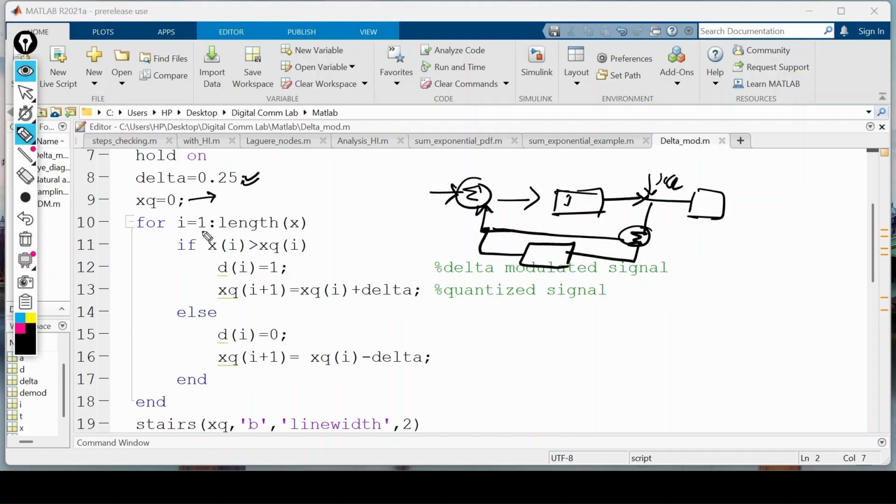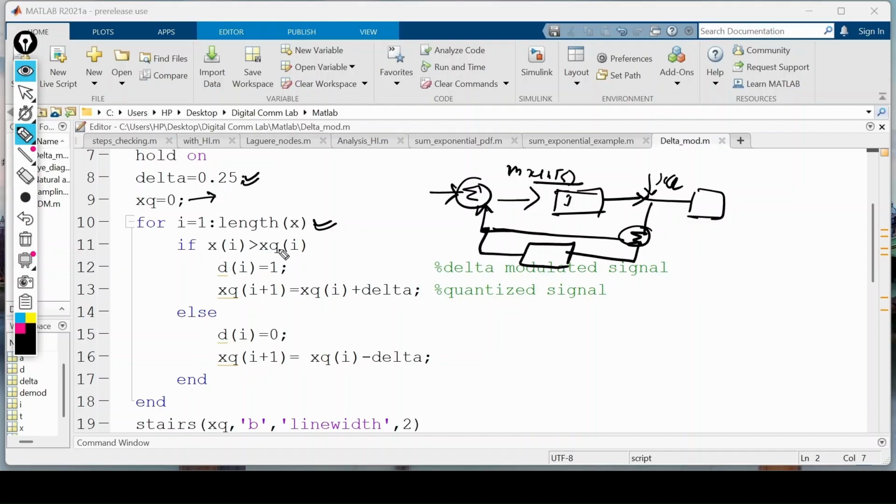So we are going from the first sample to the last sample. That means the number of samples is given by the length of x.